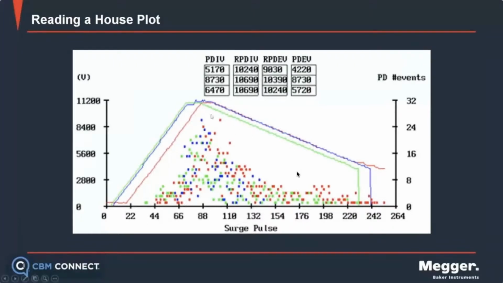So all of our voltages up here are recorded for each phase, so we can isolate if we have partial discharge in one particular phase, at what voltage it starts, when it becomes repetitive, and then completely at the end of the test.